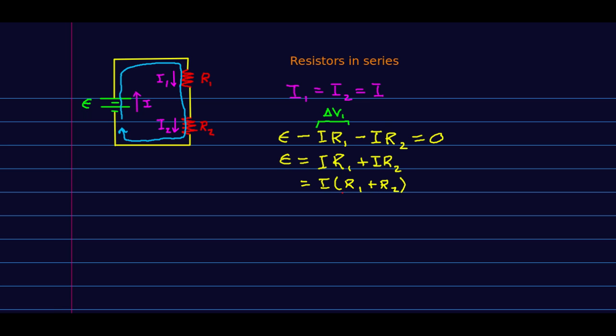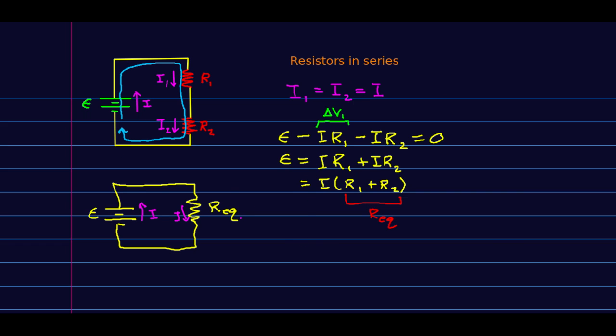Well, look, this is a resistance. That sum of resistances is a resistance that I could call Req. And one way of thinking about what that Req, or equivalent resistance, means is that if you had a different circuit with the same battery and a resistance equal to this Req, then the current running around in that circuit would be the same as the current that's running around in this circuit.